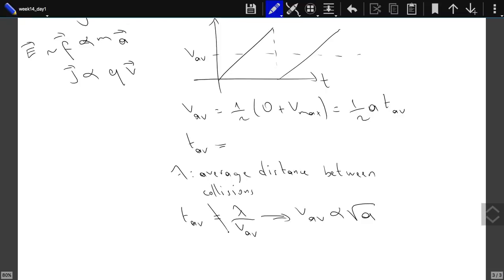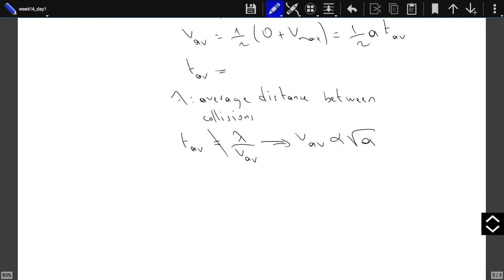But the problem is this is not true, in the sense that if you consider the electrons in a metal, they are moving quite fast, their speeds are of the order of 1% of the speed of light, maybe a bit less. But their direction of motion is completely random.